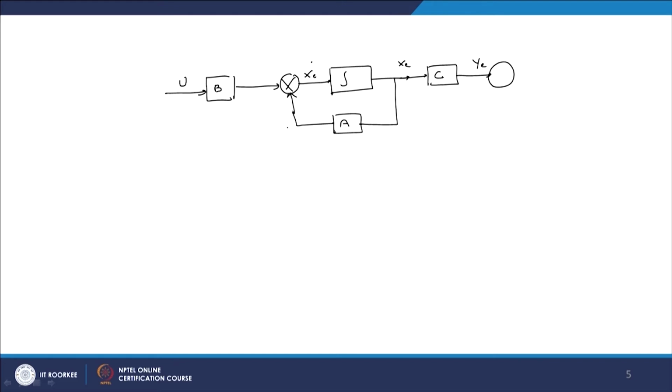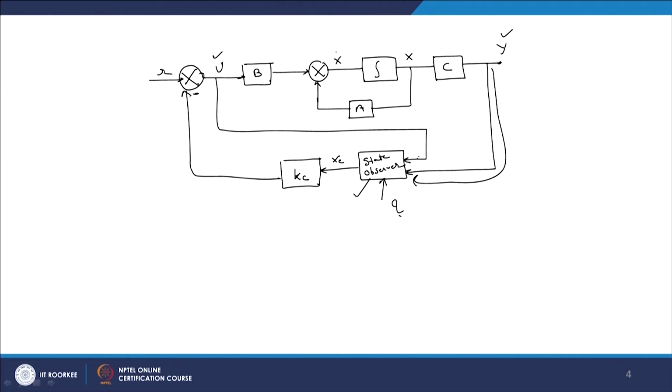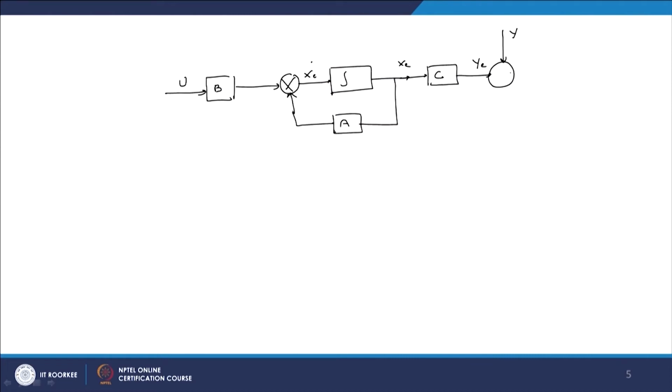And next, the output y which is coming from the actual system, you just see here this output is coming here, and this y is compared with the estimated output y e, and because of that there is an error, and this error is to be minimized.